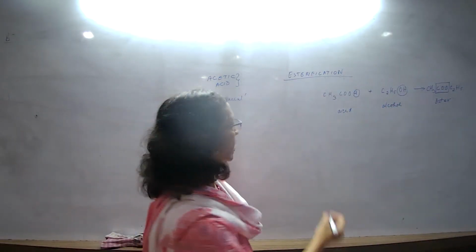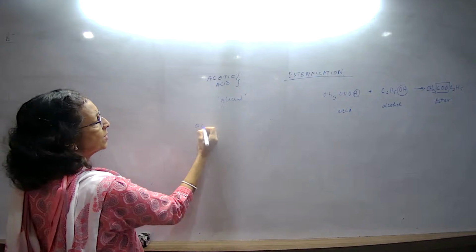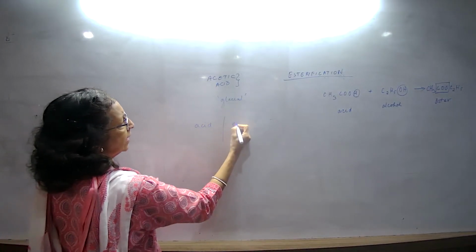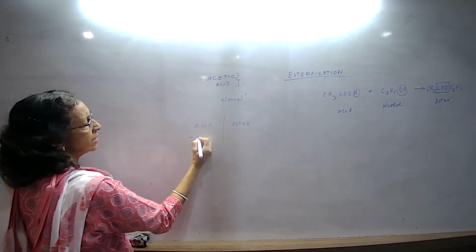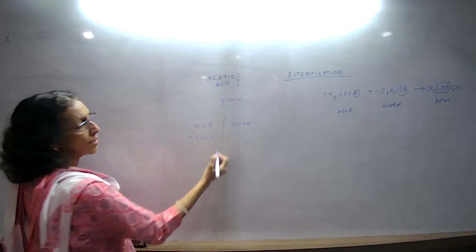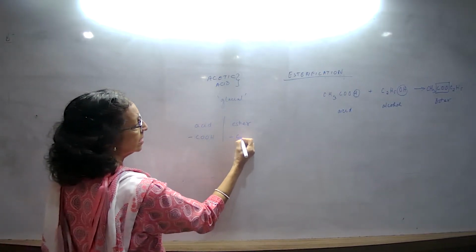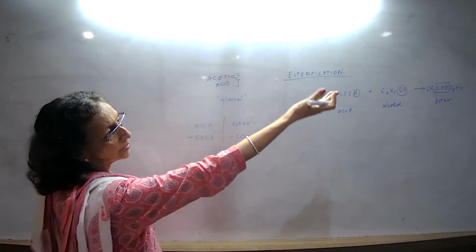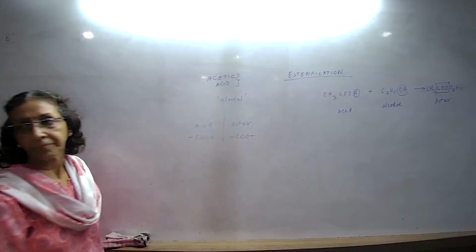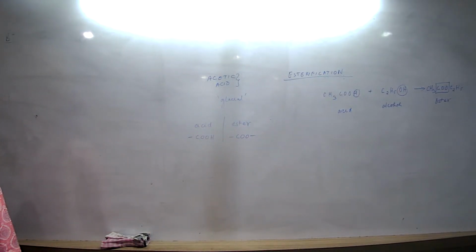Look at the difference between an acid and an ester. An acid is COOH, whereas an ester is COO, and there's something else there. It's not an H. It could be C2H5 or whatever it is.